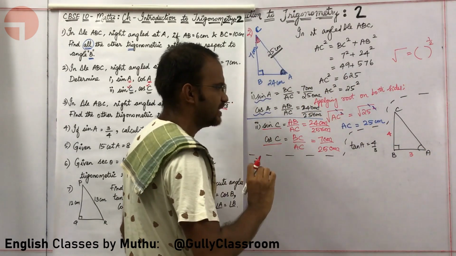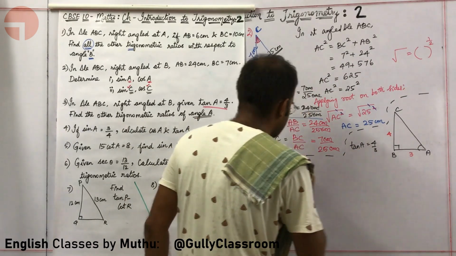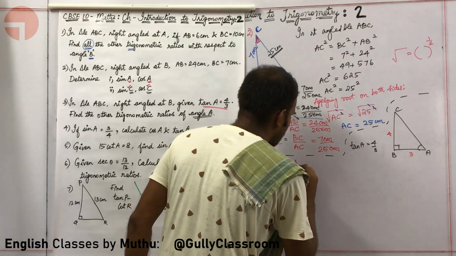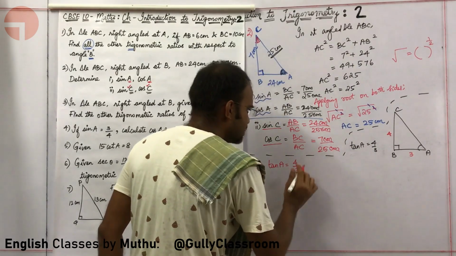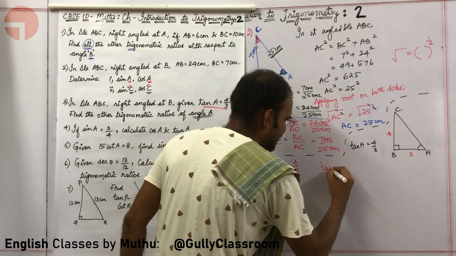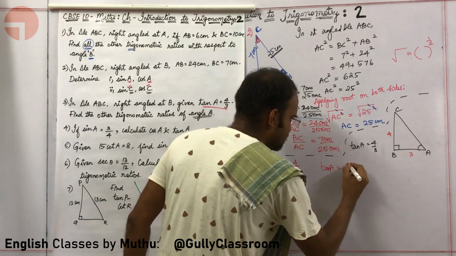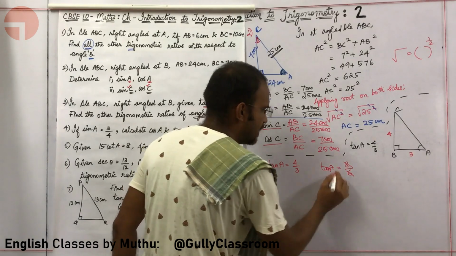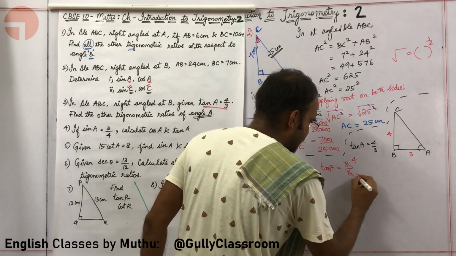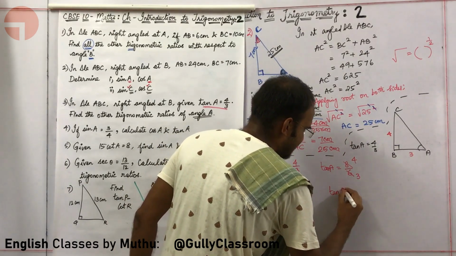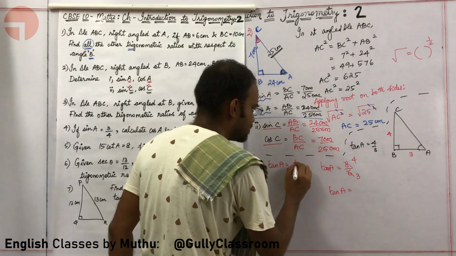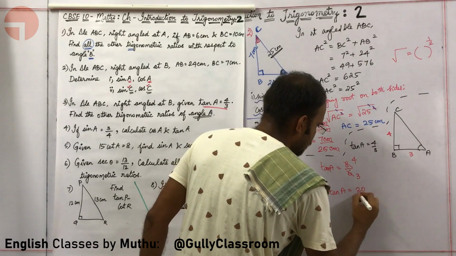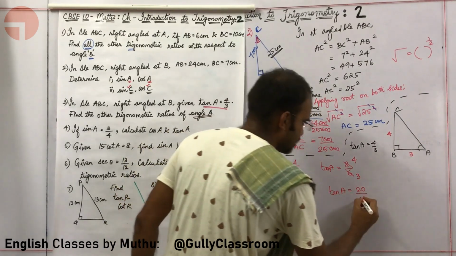How am I supposed to understand this, sir? Let us say they have given tan A value to be 4 by 3. Even if tan A value is 8 divided by 6, I can cancel both of them and write it as 4 by 3. Even if tan A value is, let us multiply both of them by 5. 5 into 4 is 20 divided by 5 into 3 is 15.